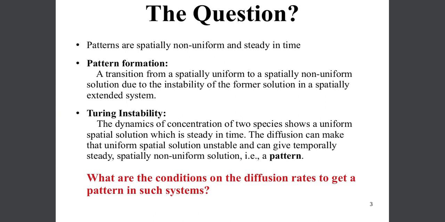So we can get a pattern due to this diffusion-driven Turing instability. The motivation of this talk is to derive what the conditions on the diffusion rates are to get the pattern in such a system. So we need to derive that.